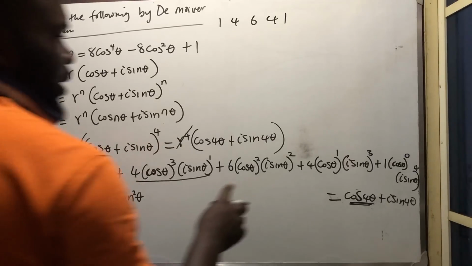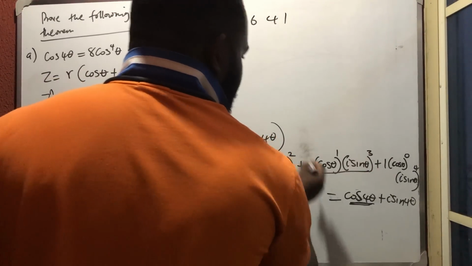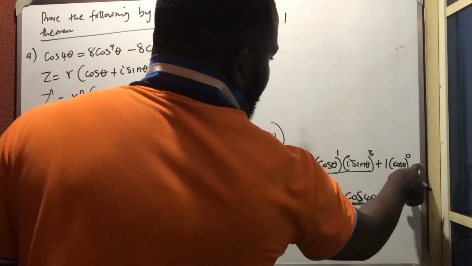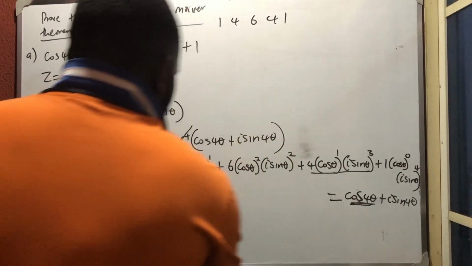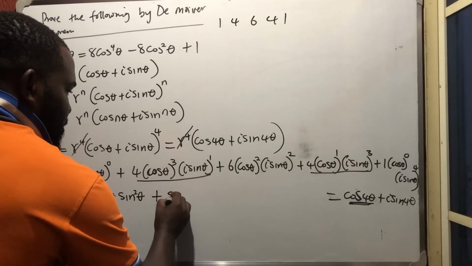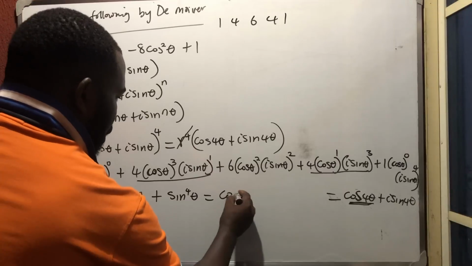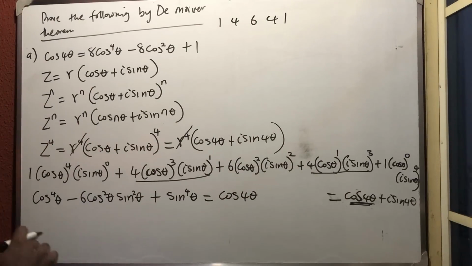So the next one, i raised to power 3 is minus i. I'm not interested in this one. It's going to have i. Then I'm interested in the last one because i raised to power 4 is 1. So this one is gone. Anything raised to power 0 is gone. So what is remaining here is just sine 4 theta. Then it is equal to cos 4 theta. So I just took out all the real parts now.